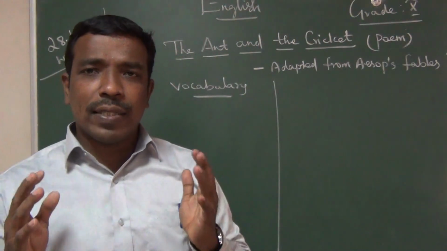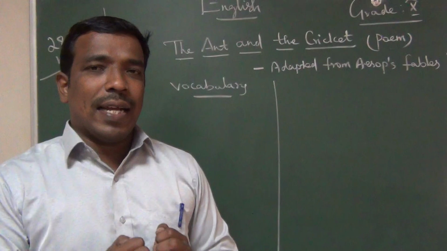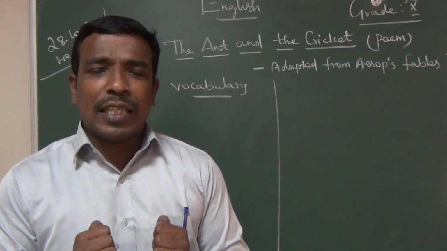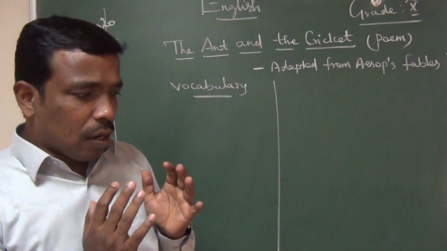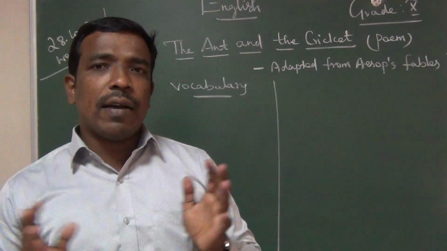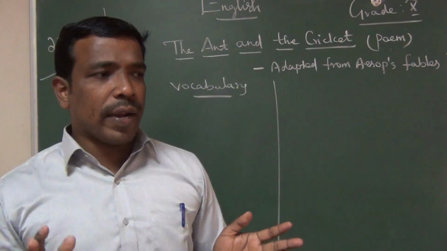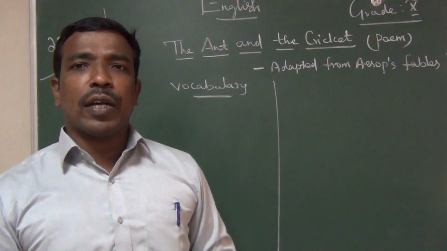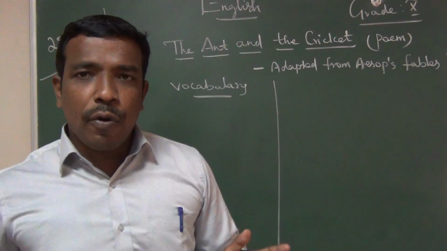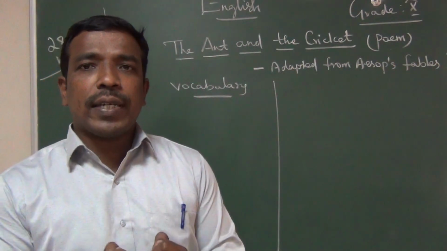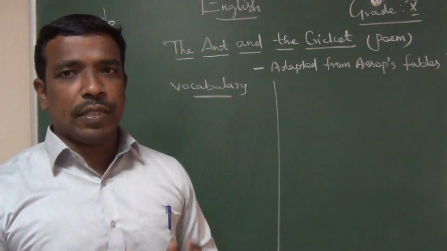Who is this ant? What will it do? It is always very active. It always concentrates on its work and never does any other work. It is always in search of food, carrying food, going in a line. This ant follows a very strictly disciplined life.